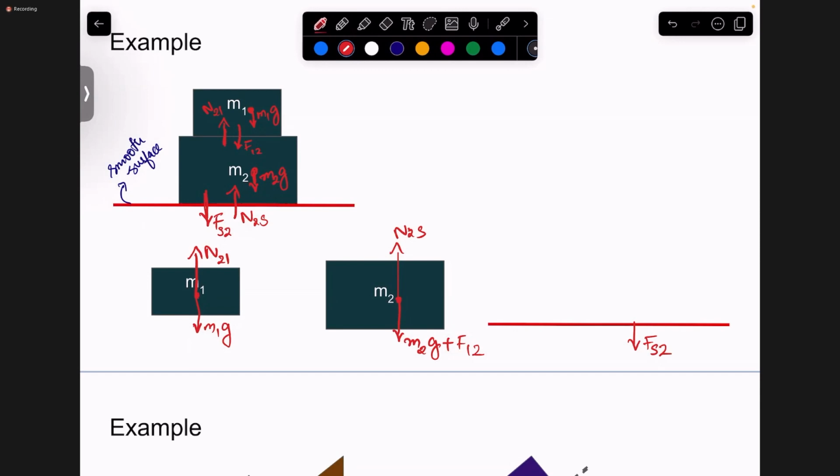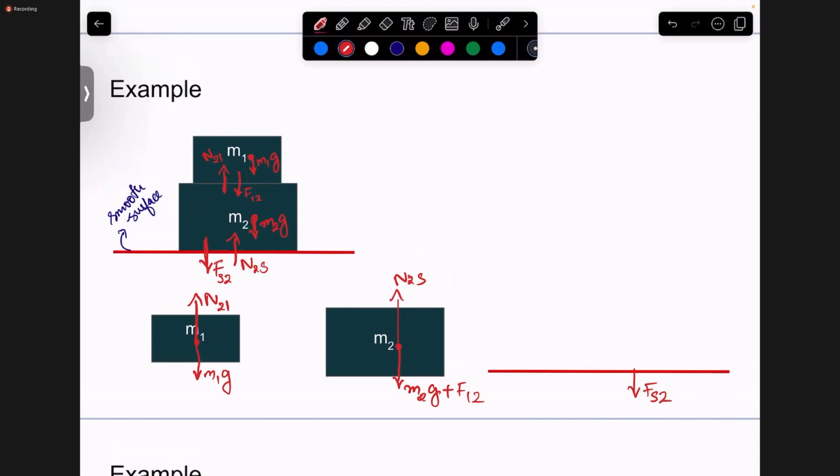For example, for block 1, you can see that there is no vertical or horizontal motion, like I have stated that this entire setup is at rest. So the vertical motion is not there, and the net force in the vertical direction is 0.